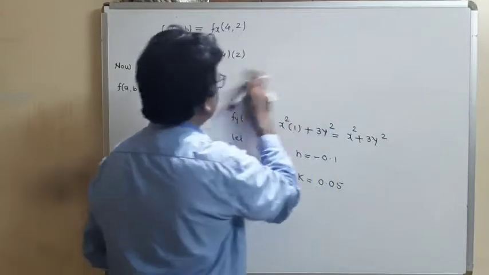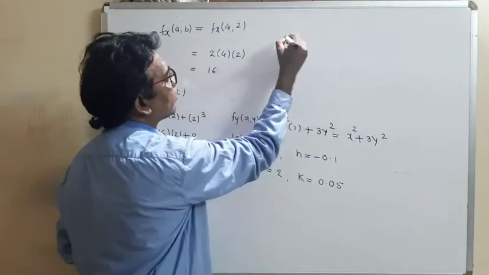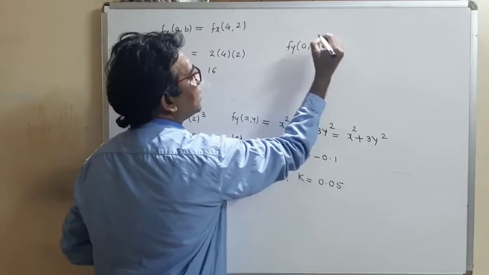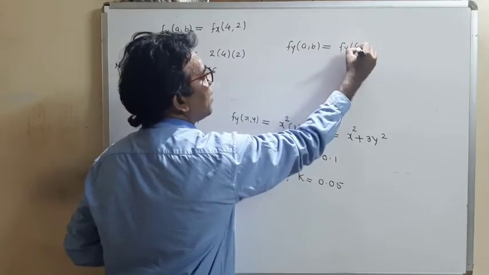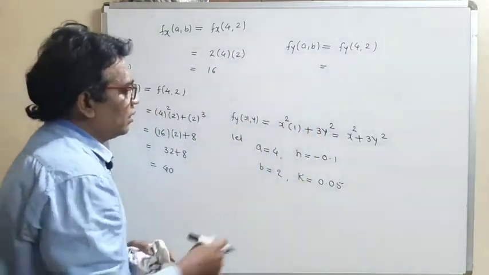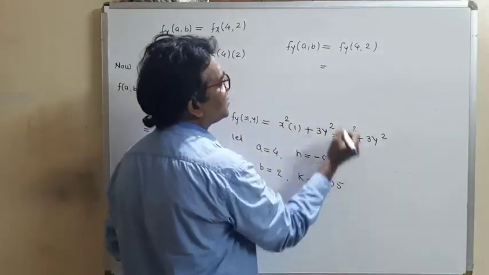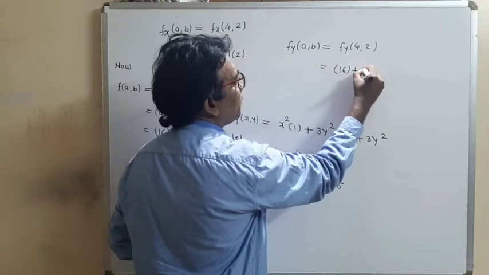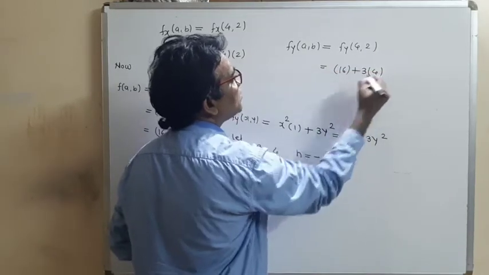Now find out the third functional value. Fy at ab is equal to fy at 4, 2. So use this function fy, which is x square, that is 16, plus 3 into y square, which is 4.